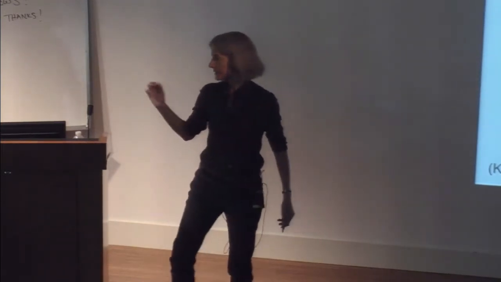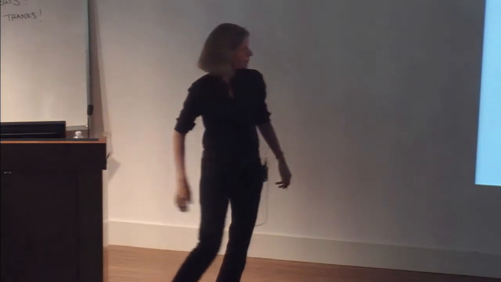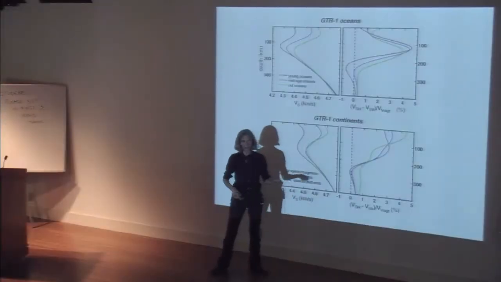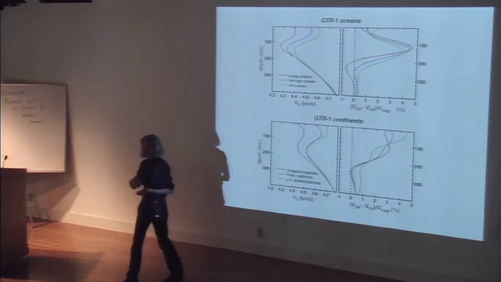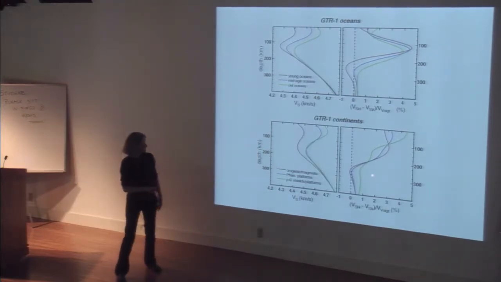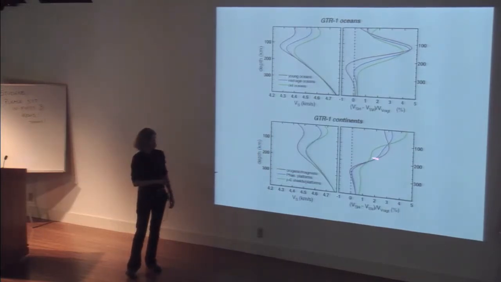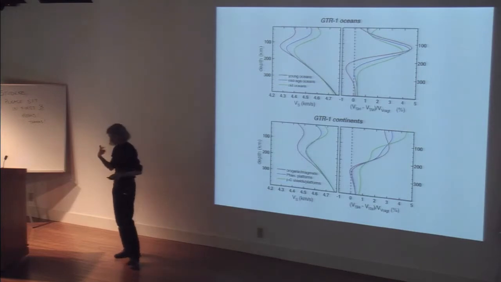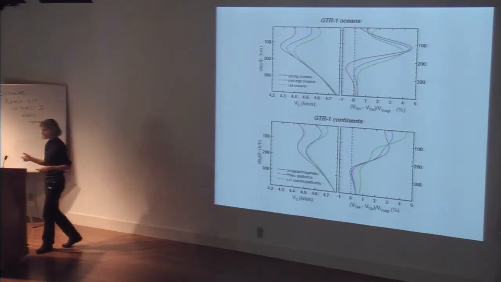Torsten's saying that it has to be frozen in because it's quite shallow and the wave speeds are fast there, and you don't expect that something happening at or above 100 kilometers is going to be caused by modern-day flow in the mantle, whereas the anisotropy down here in the low velocity zone might be. So you could explain that by a frozen-in signal from previous mantle flow.